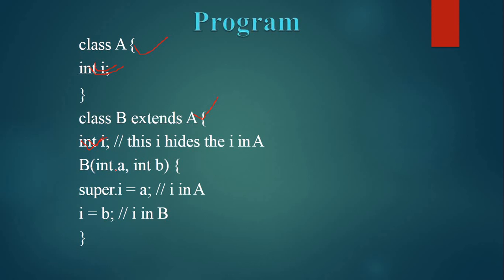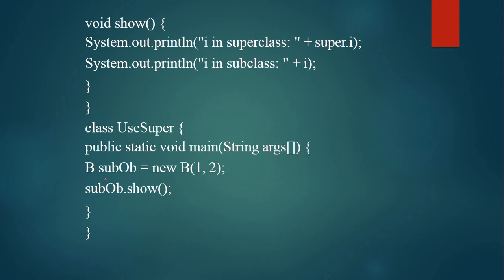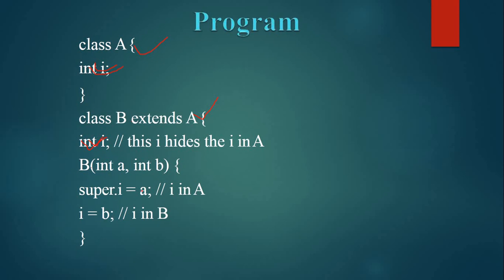The B constructor has two values, integer a and integer b. If we pass the values 1 and 2 by the object, then a will be 1 and b will be 2. So a, which is 1, will be assigned to super.i. Super.i means the superclass variable whose name is i. So the value 1 is assigned to this super.i, not this.i.